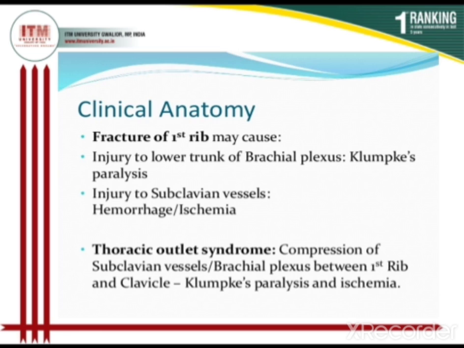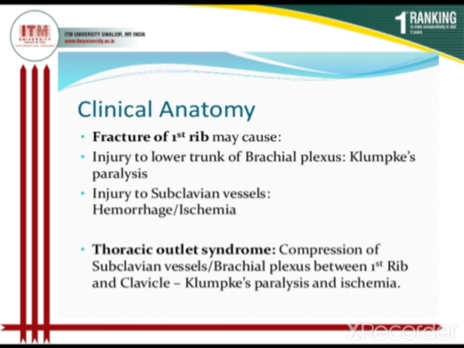Another condition is thoracic outlet syndrome, which is compression of the subclavian vessels or brachial plexus between the fourth rib and the clavicle. So thoracic outlet syndrome may cause Klumpke's paralysis along with ischemia.